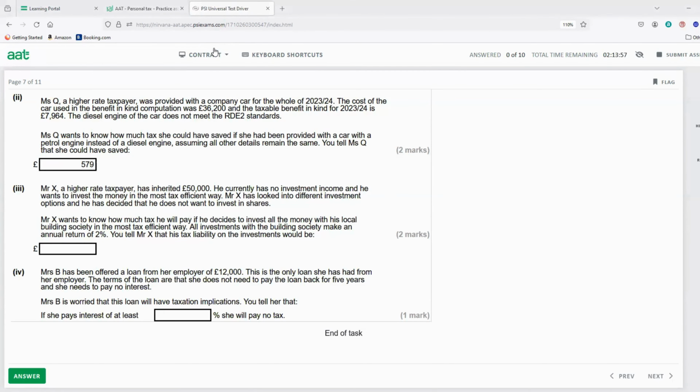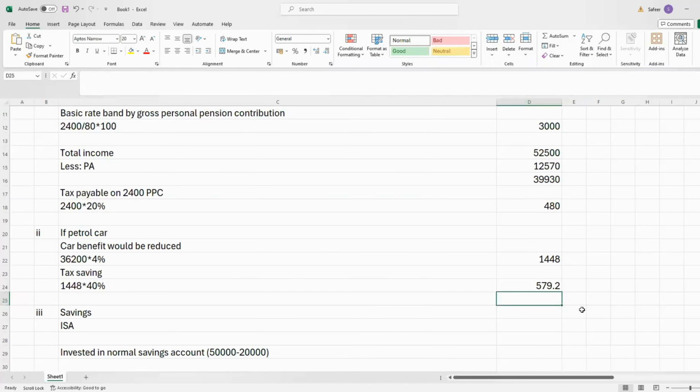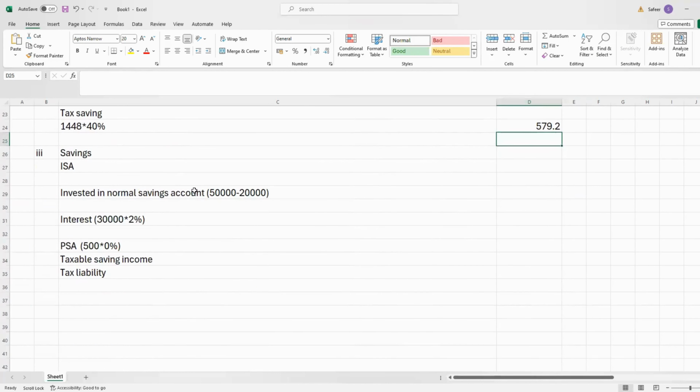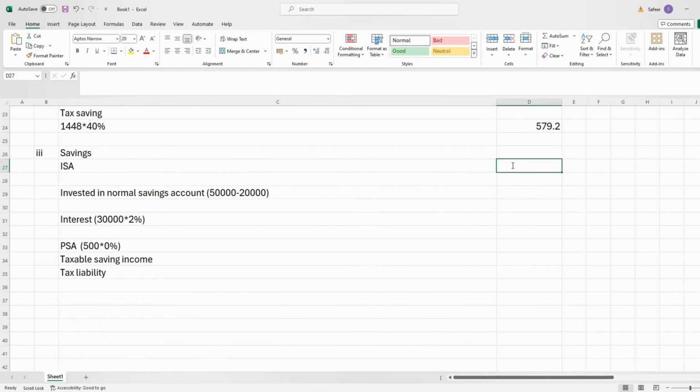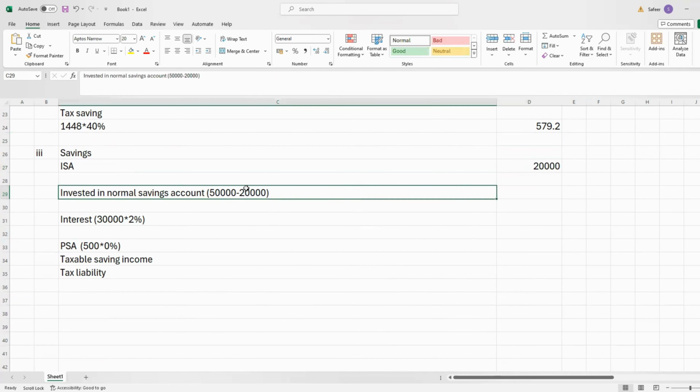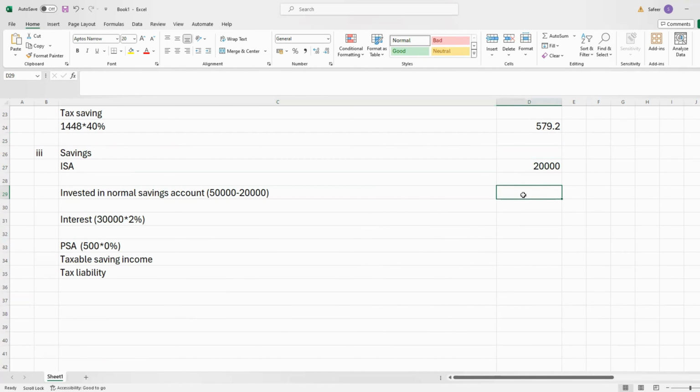So let me show you. As you can see, individual saving account investment out of 50,000, 20,000 will be invested in there. And then invested in normal saving account, anything more than 20,000. Now remember that shares is not an option for this person, as it's been given to us that this person is not going to invest in that.